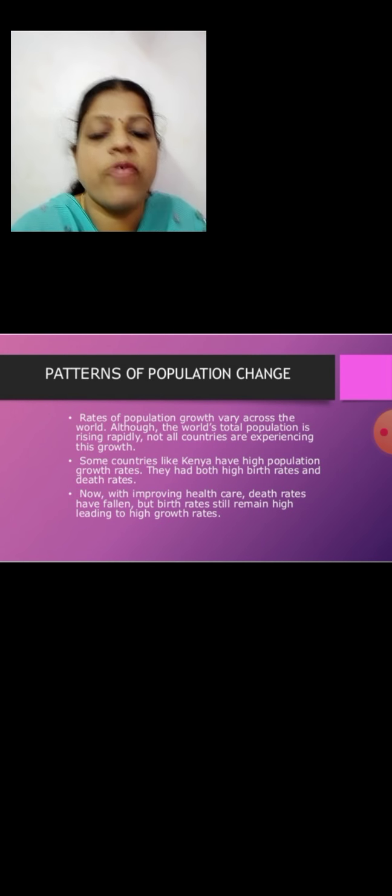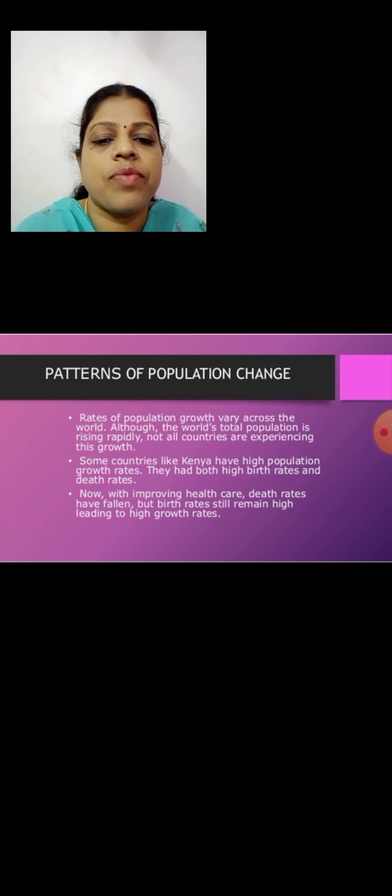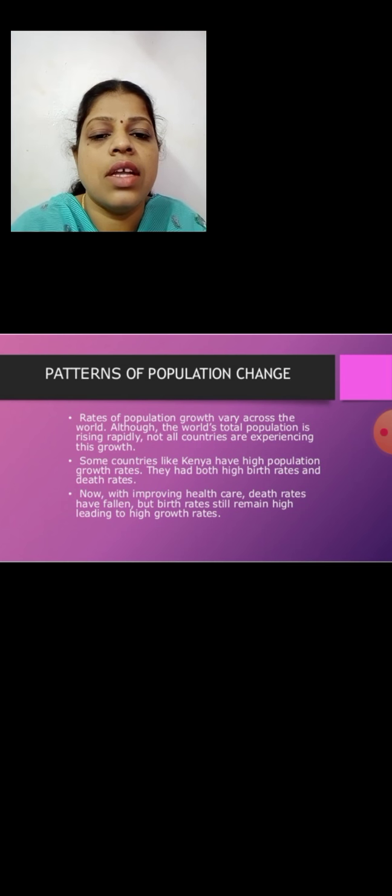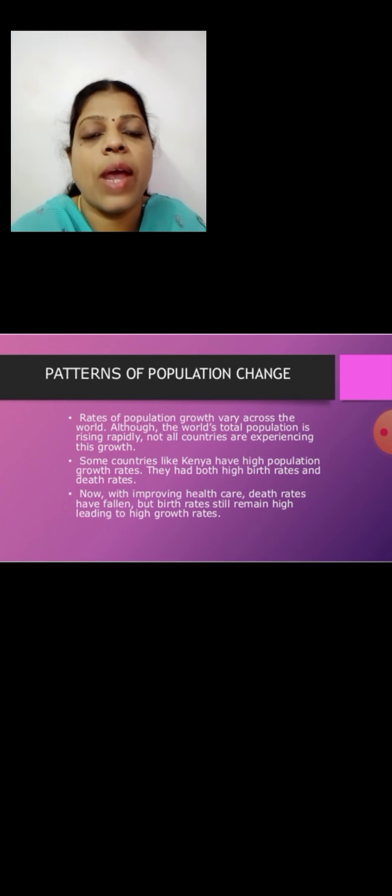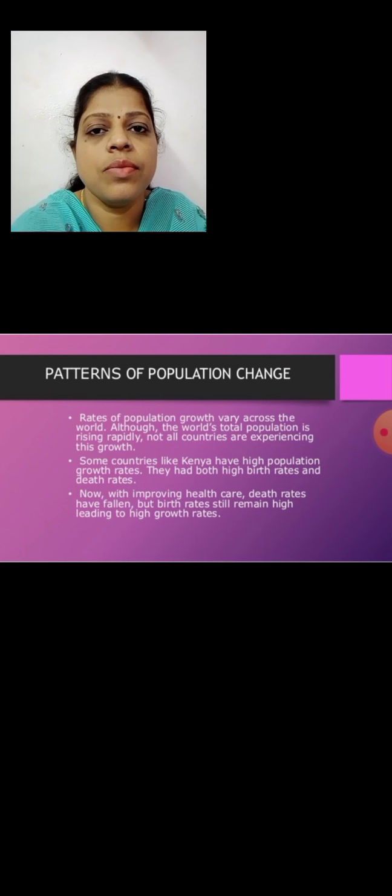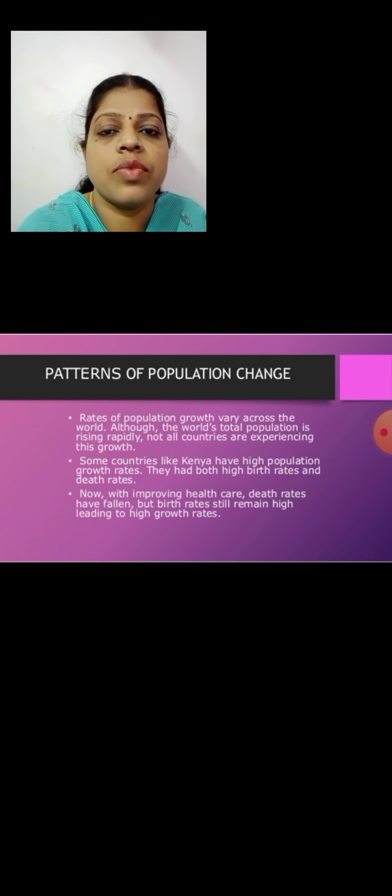Then, patterns of population change. We can see that the world's total population is rising rapidly. Not all countries are experiencing this growth. Some countries like Kenya have high population growth rates. They had both high birth rates and death rates. And now with improving healthcare, death rates have fallen.